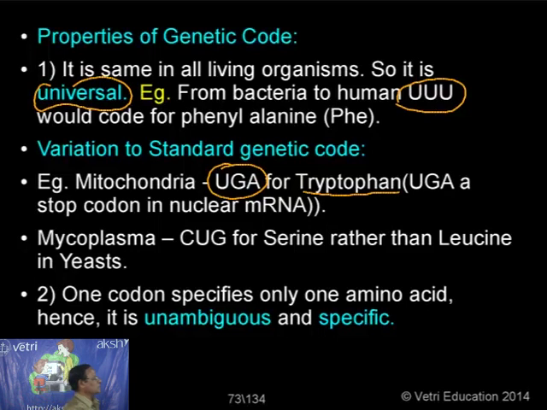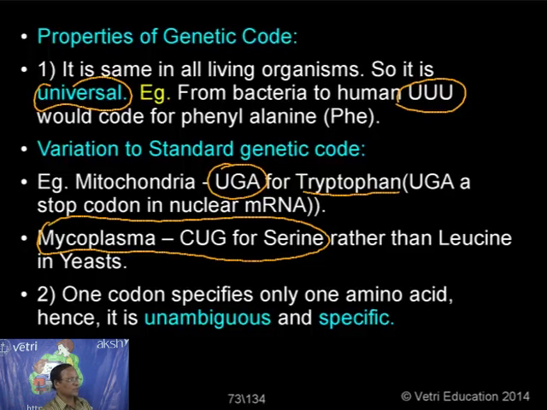Similarly, in mycoplasma, we have the codon CUG. This is a codon for serine, but the same codon is for leucine in yeast. So this is a slight variation, in 1 or 2 cases only, not in many cases. That's why I said 99.9%, even 99.99%, the codon is the same in all cases.